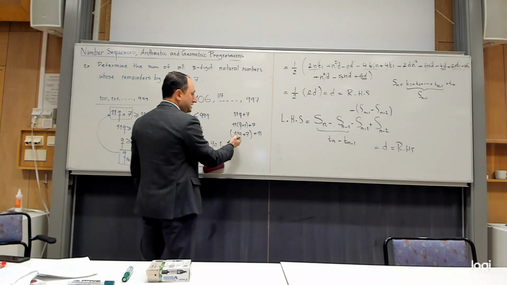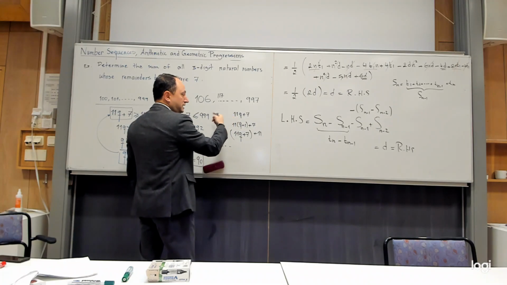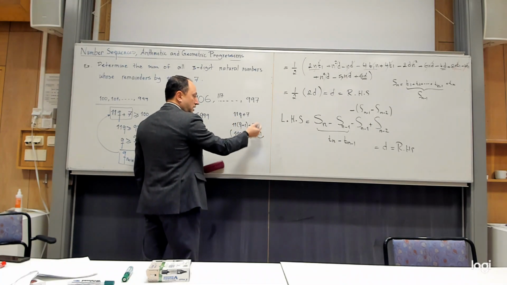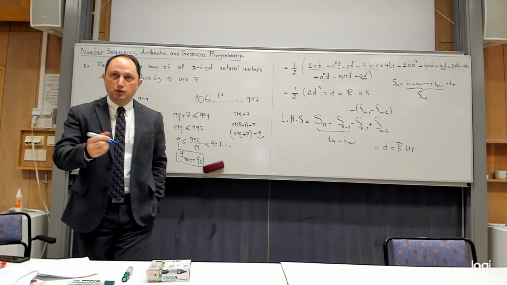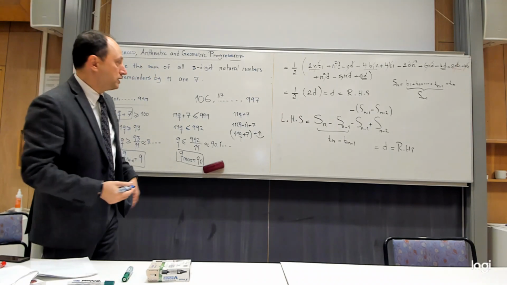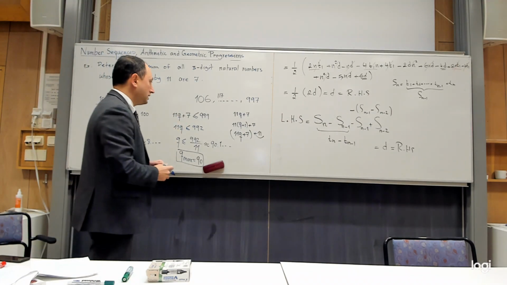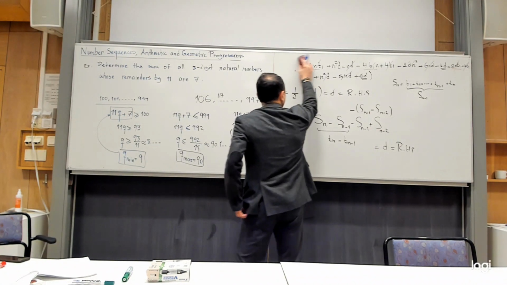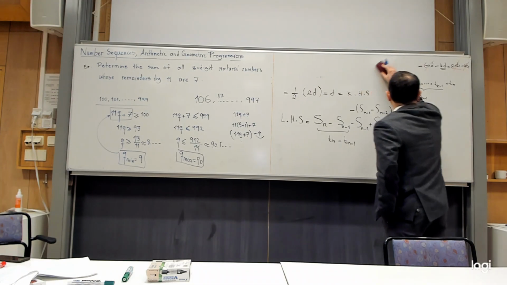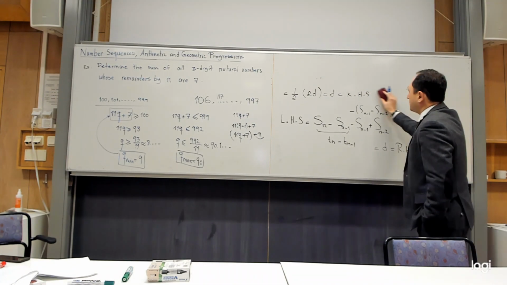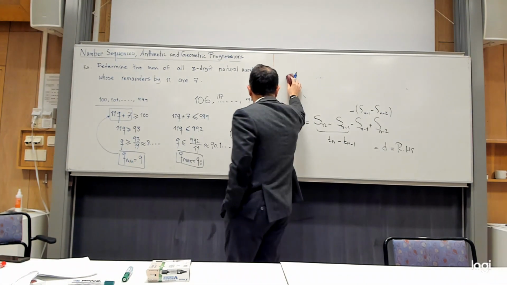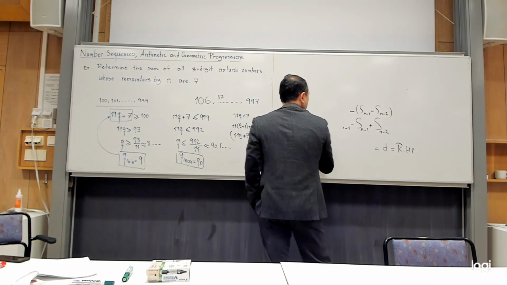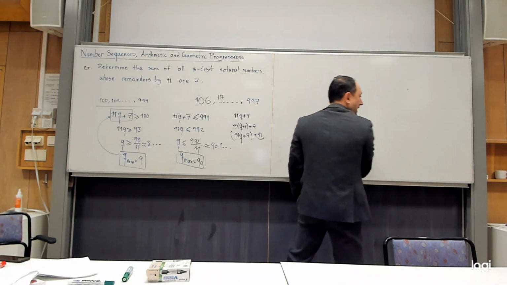So when I go from one number to the next number with that property, I have to add 11 to it. So the common difference is 11. Indeed, it is an arithmetic progression. If I want to add them up, I can use the Sn formula, but in the Sn formula I need to know n.